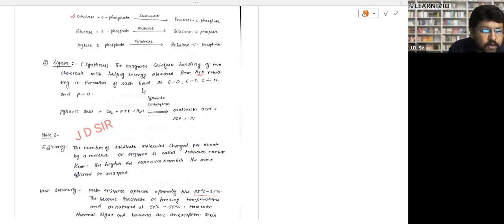Resulting in the formation of bonds such as carbon-oxygen bond, sulfur-sulfur bond, carbon-hydrogen bond, and phosphorus-oxygen bond. So by making the bond, with the help of energy, they make the bonding. Like pyruvic acid plus carbon dioxide plus ATP plus water make oxaloacetic acid plus ADP, meaning energy is utilized, right? So that is the function of ligases.